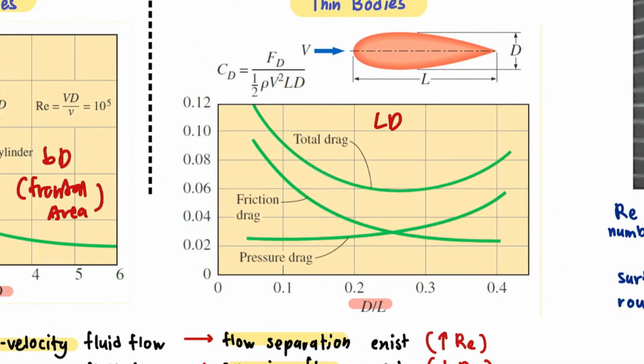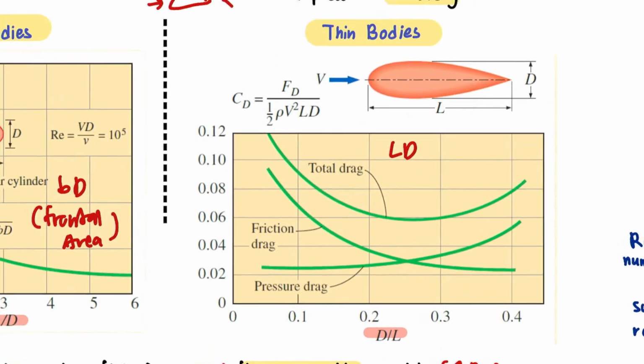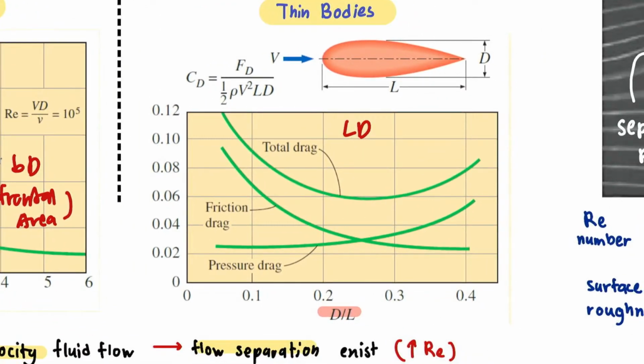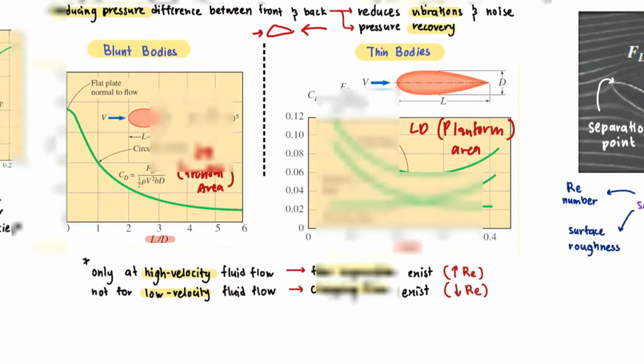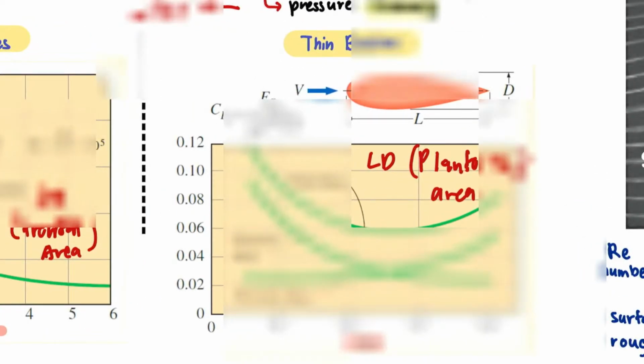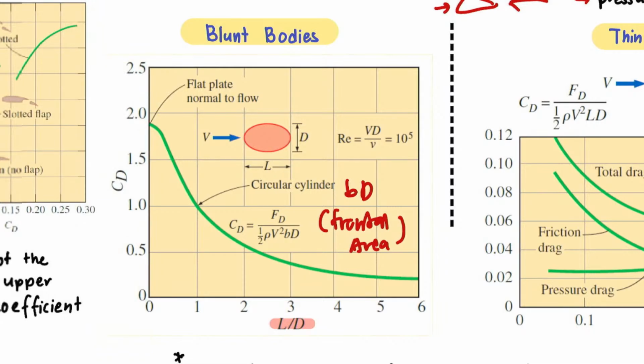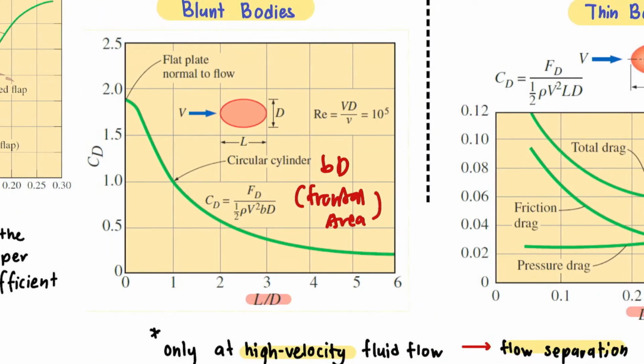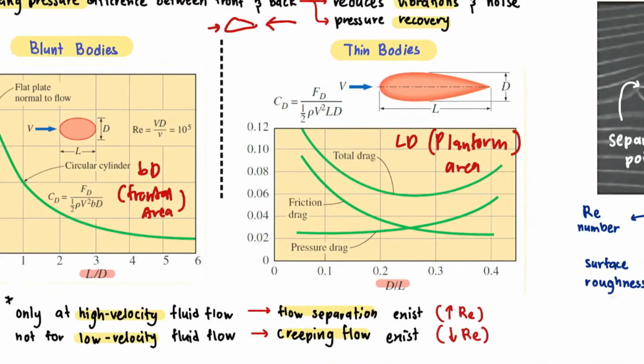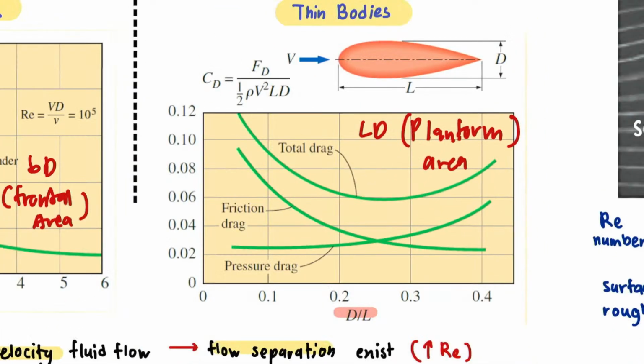LD ni dan ini planform area. Okay, L ni aku tak tahu sebenarnya jadi apa. BD, LD. Pandai lah korang. L ni korang assume length of wing tu lah. Okay, macam tu lah.